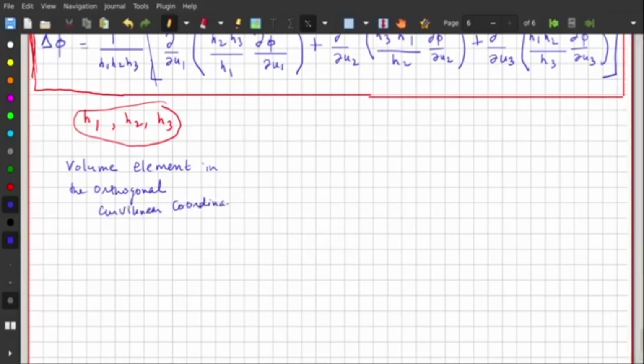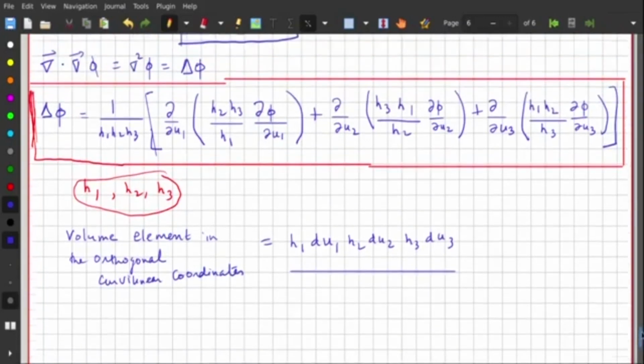I think that's given by h1 du1, h2 du2, h3 du3. That's the volume element. If we compare this with the volume element in each coordinate system which we had before, we will be able to figure out what h1, h2 and h3 are in general.